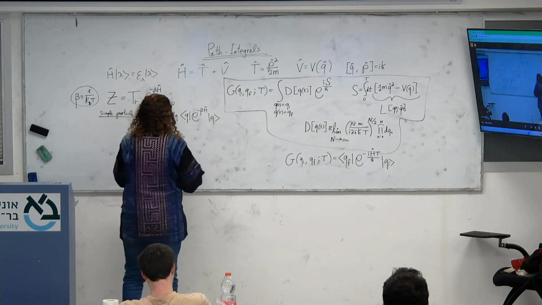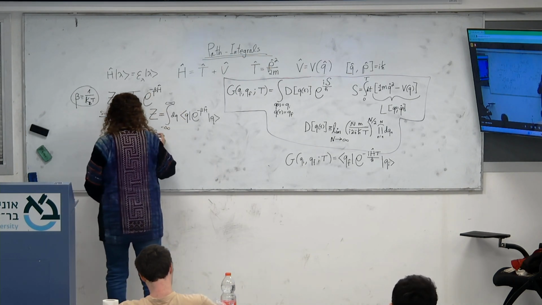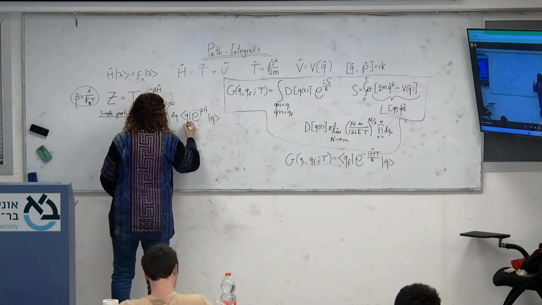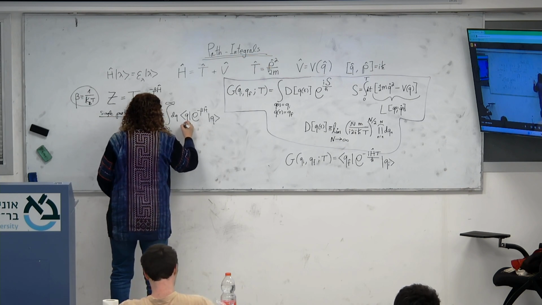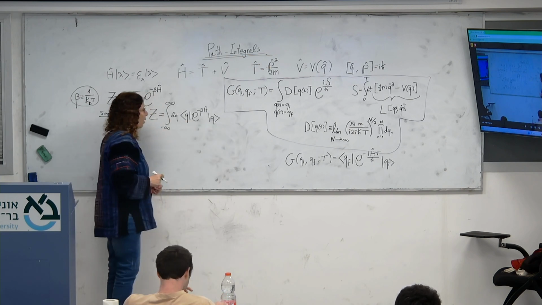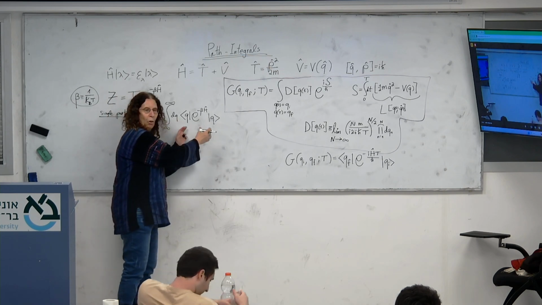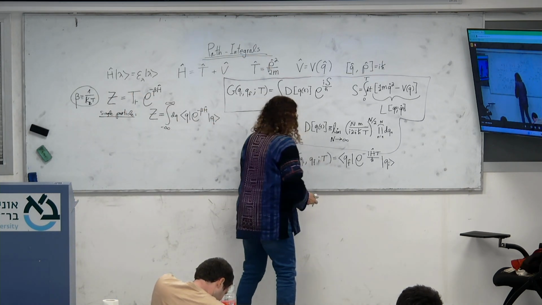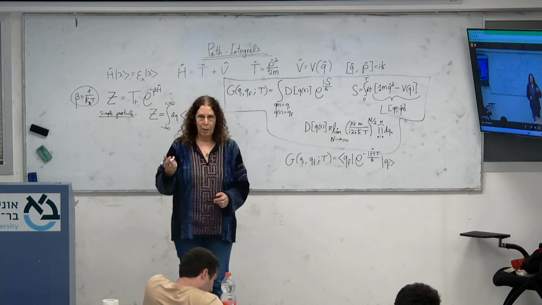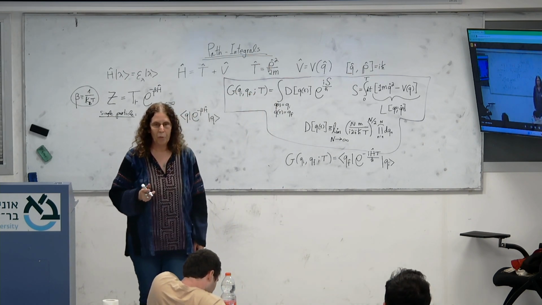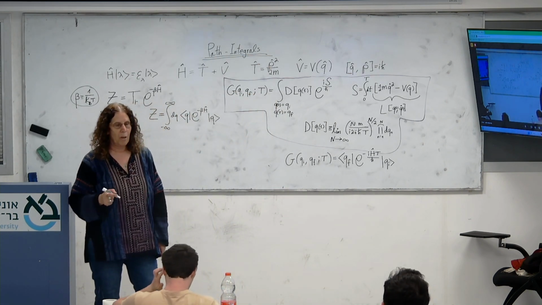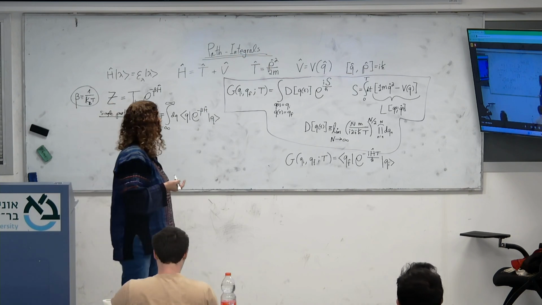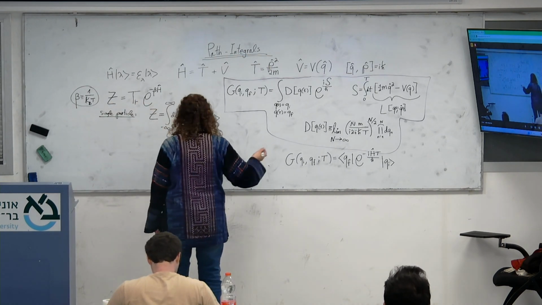In other words, I can replace this by an expression for the propagator with the appropriate mapping. Notice the mapping also involves an analytical continuation from the imaginary axis to the real axis.